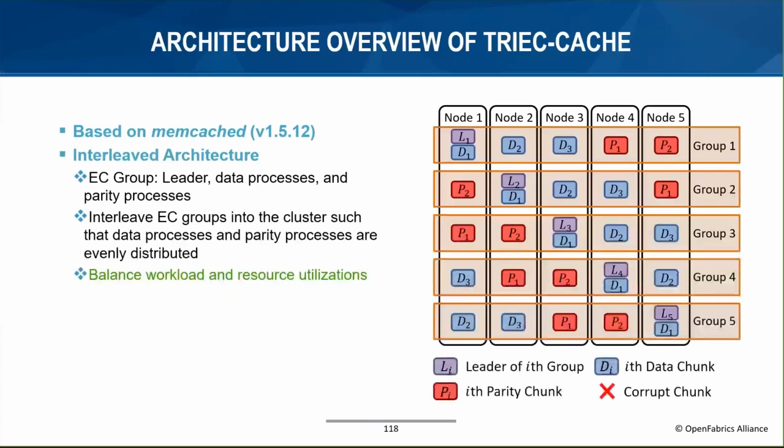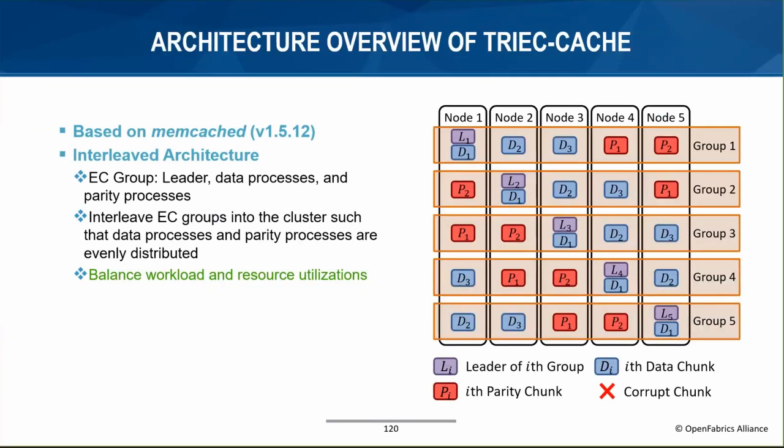So this is just the basic idea of TRIEC, and how to apply this idea to EC operations. Now let's see how we can use these techniques in real storage systems. Here we choose Memcached as an example, based on Memcached 1.5.12. We choose an interleaved architecture. Basically, we divide the nodes into EC groups.